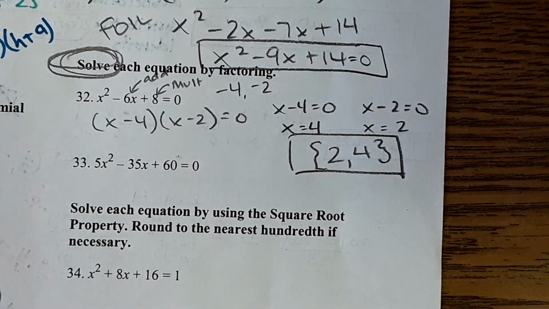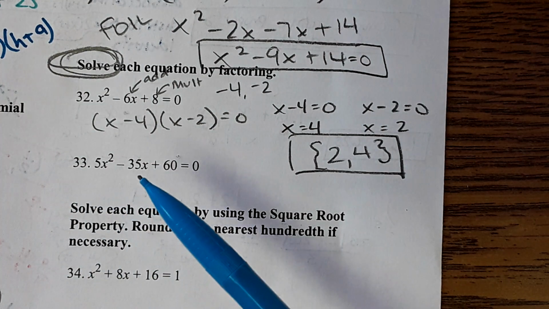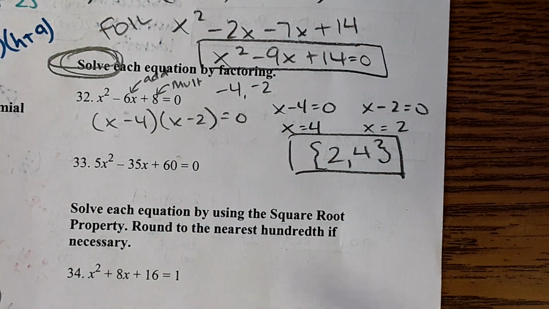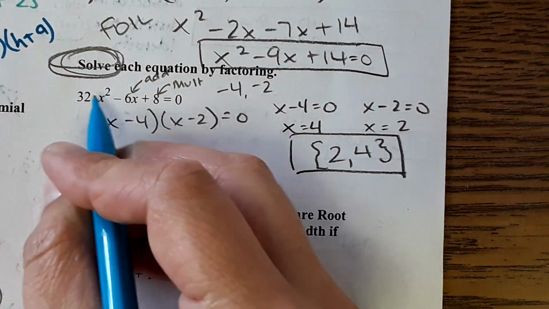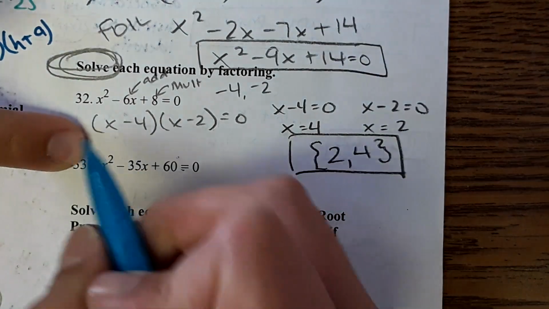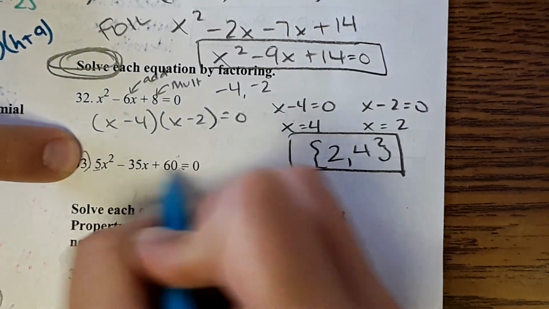Okay, so for 32, or 33, same thing, we want the factors, and then we'll set each of those factors equal to 0 to solve. We'll notice that we have a coefficient that's not just 1, but all three of these factors can be divided by 5, so we can simplify it that way. I'm going to take a 5 out of everything.